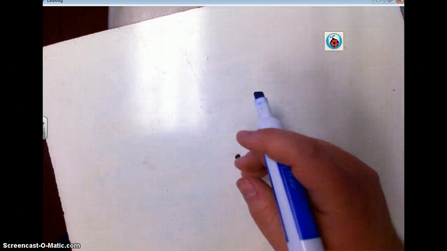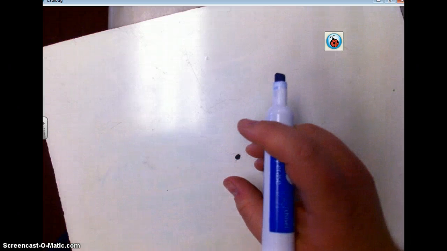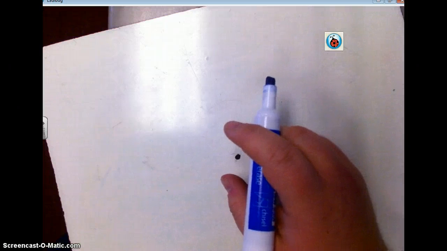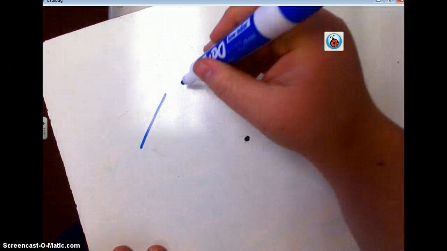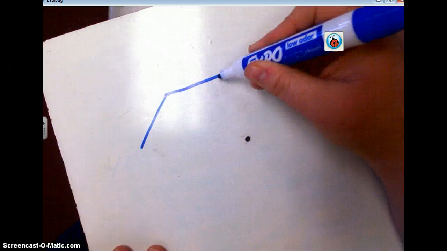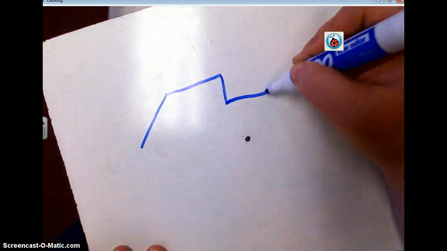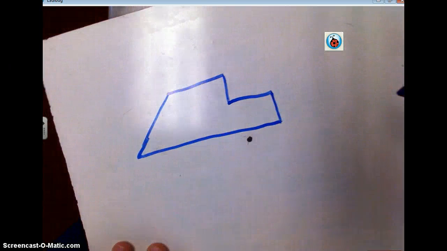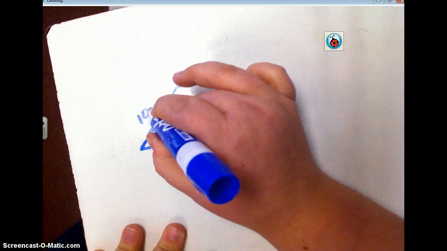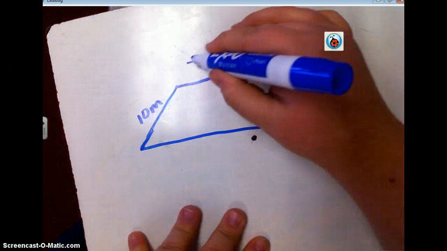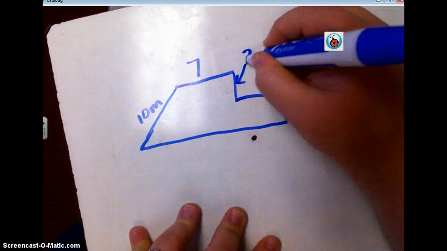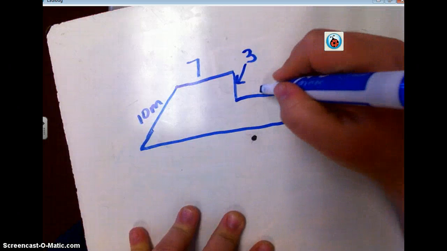Hold on. I'm gonna retract my statement for just a moment because I want to do one where it's not just rectangles. Okay? So I have a shape that looks like this. This is 10 meters. This is 7. This side is 3. This side is 6.